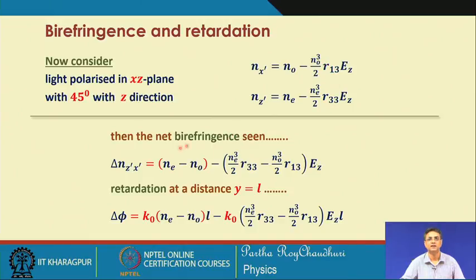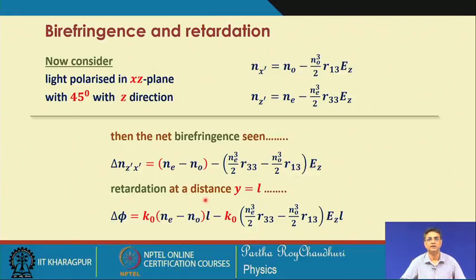As a result, and also because of the base refractive indices, the natural refractive indices along x and y are N O and along z is N E. So, that is also creating a difference. This is the natural birefringence and this is the induced birefringence because of the external electric field.